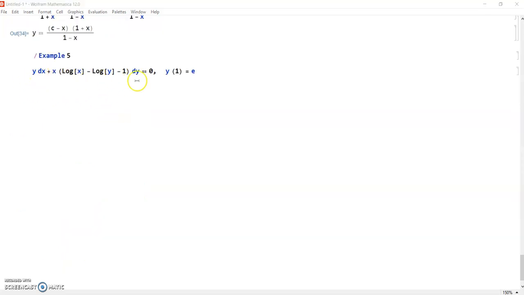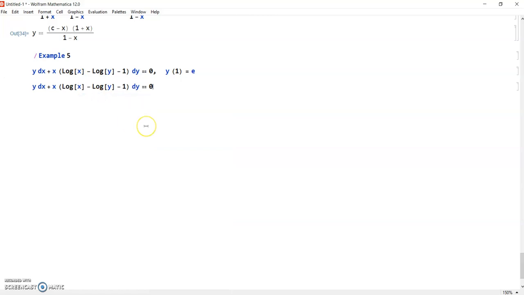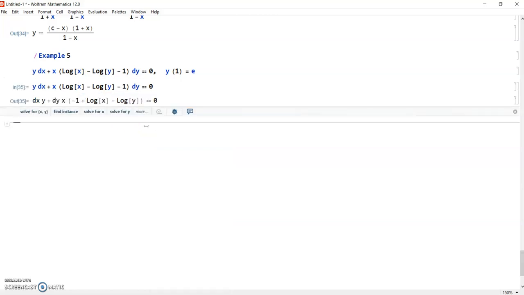Okay, so now we have this question. So this question we will solve by the substitution method. So let me write it over here, this equation, and we get it like this.